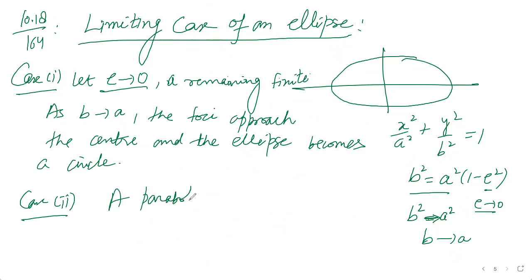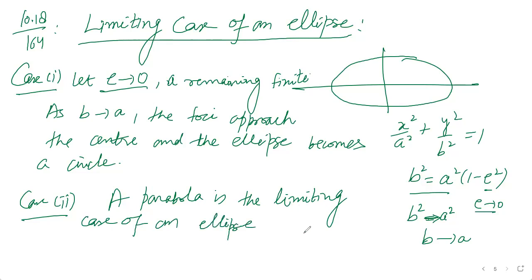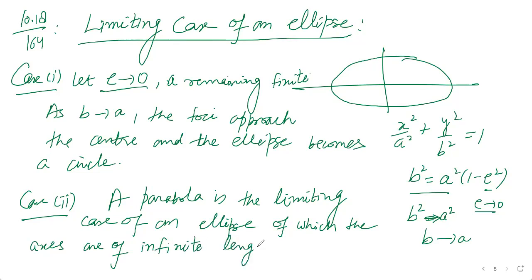A parabola is the limiting case of an ellipse of which the axes are of infinite length, but the latus rectum is finite.